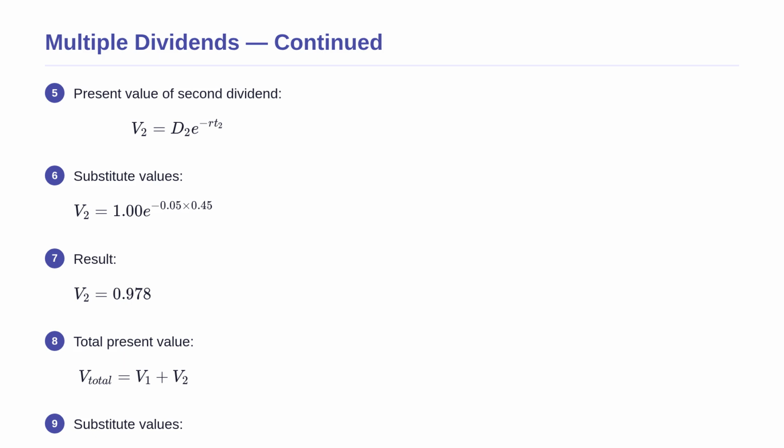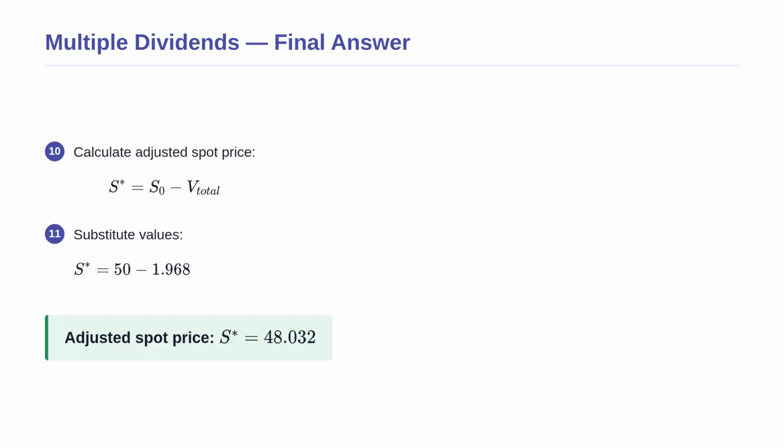Next, we find the total present value by adding the present values of all dividends that occur before the option expires. Adding 0.990 and 0.978 gives us a total present value of $1.968. We are now ready for the final step of this example.